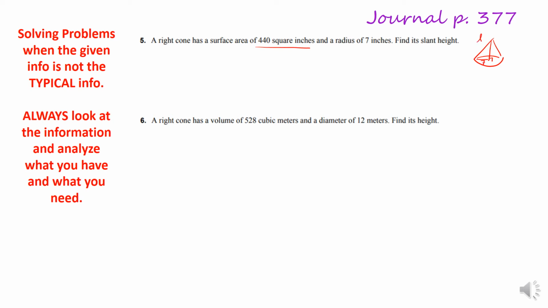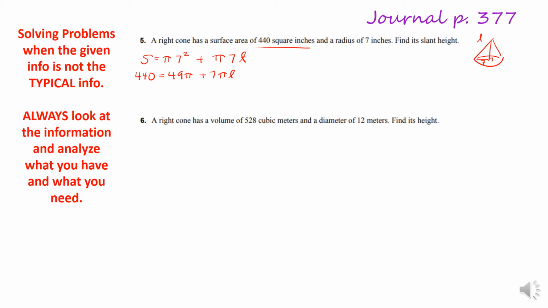So first thing I'm going to do is remind myself of the formula. Surface area equals pi. They gave me the radius, so I'm going to go 7 squared plus pi times 7 times the slant height, which is what I'm trying to find. But they told me it's 440. So I'm going to go 440 equals 49 pi plus 7 pi L. Now here's where you have to be careful.